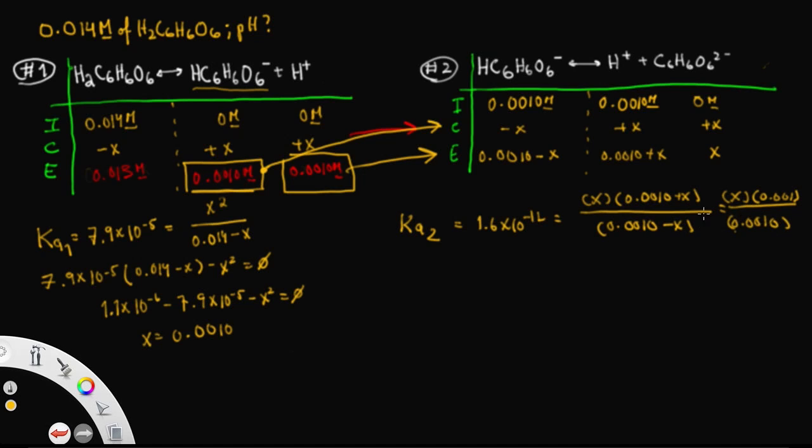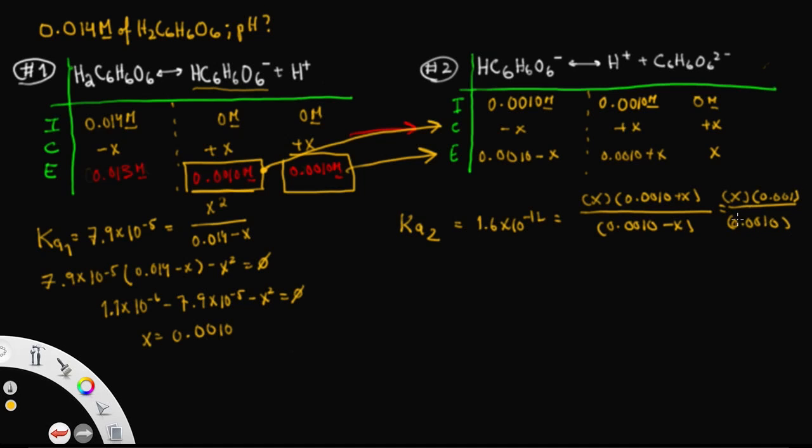Because I made the assumption, the 5% assumption here, meaning that the K value is so small that the change, this minus X and this plus X, will be so insignificant that it will be very close to our initial concentrations. And surprisingly, our X value yielded a value that was lower than 5%, so you'll just have to trust my word on it. So this assumption is valid.